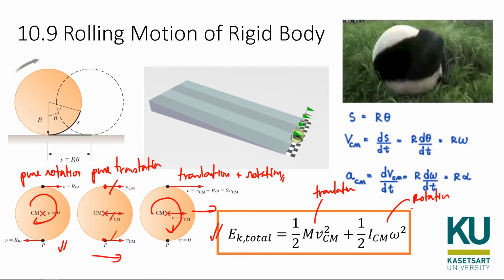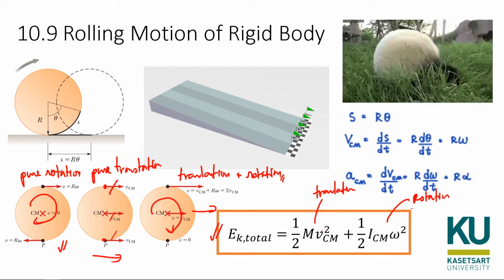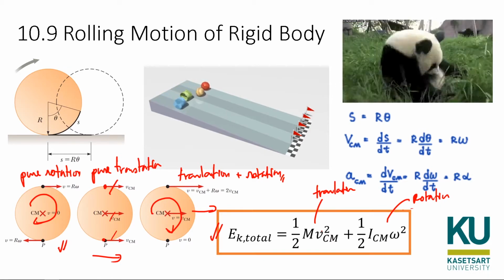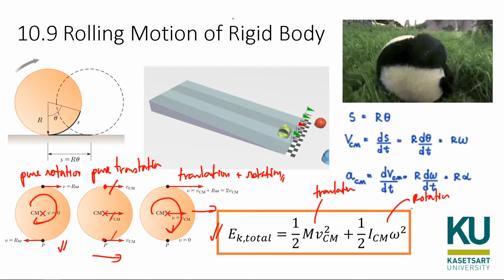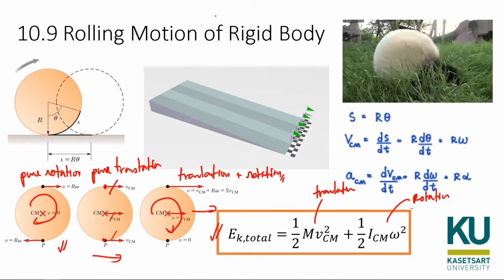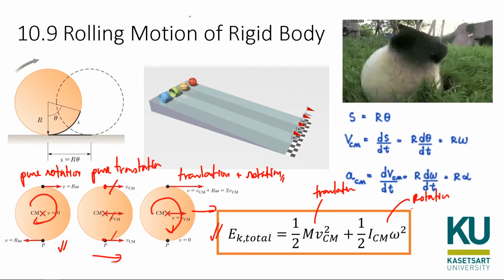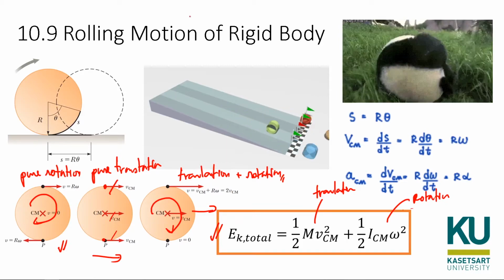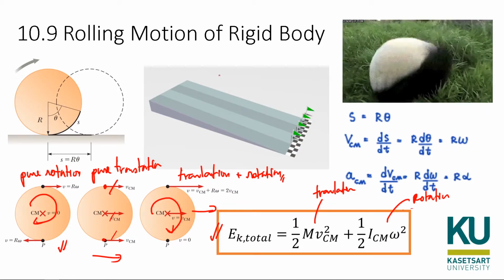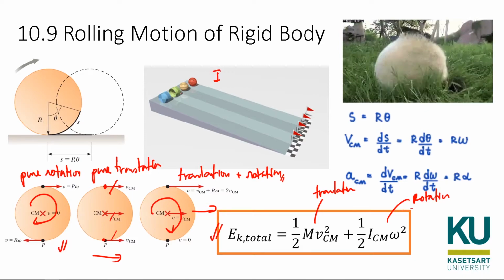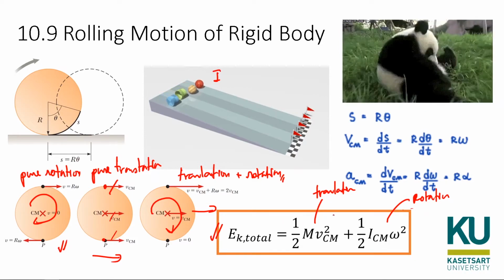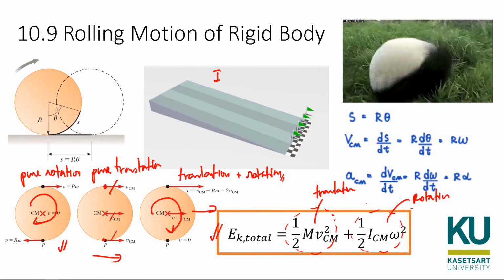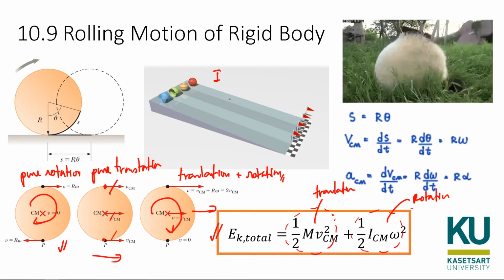You have to take into account both the translational kinetic energy and also the rotational kinetic energy. This is the reason these four different objects rotate and translate with different velocities. Not only due to the moment of inertia, you can link it to the way the kinetic energy of translation and rotation are involved in the system.